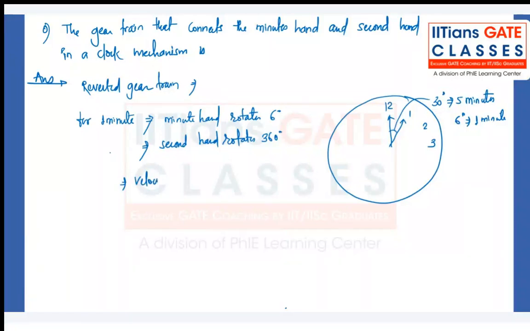This implies the velocity ratio is equal to 6 by 360, which is 1 by 60. So the correct answer is: the gear train that connects the minute hand and the second hand in a clock mechanism is nothing but a reverted gear train with a velocity ratio of 1 by 60.